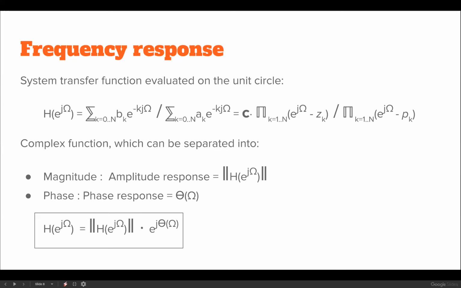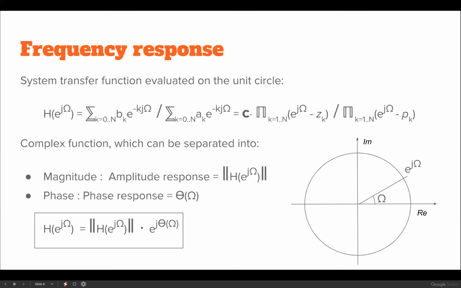It gives you complex numbers, and the same way as in the analog world, the absolute value of the frequency response, H of e to j omega, is the magnitude or amplitude response, and the phase angle of the frequency response is the phase response. Same thing as in analog systems.